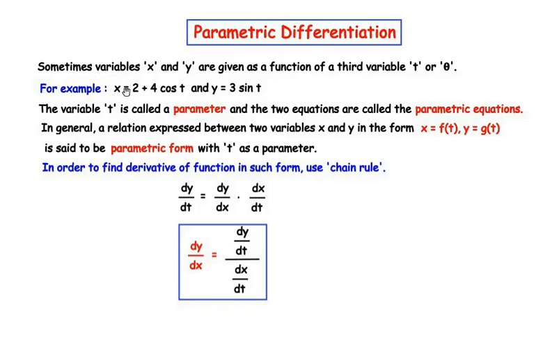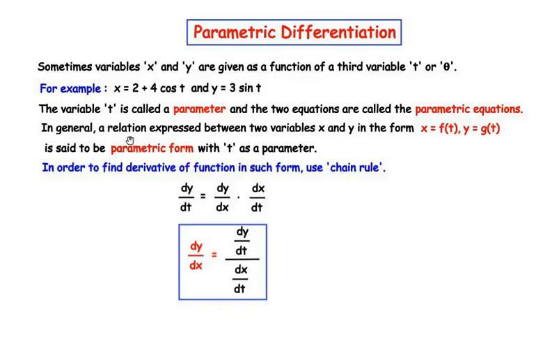Now here we can see that x is written in terms of variable t and y is also written in terms of variable t. So in parametric equations or parametric differentiation, the variables apart from x and y, that is t and theta, are called parameters. And these two equations which are written in terms of t or theta are called parametric equations.